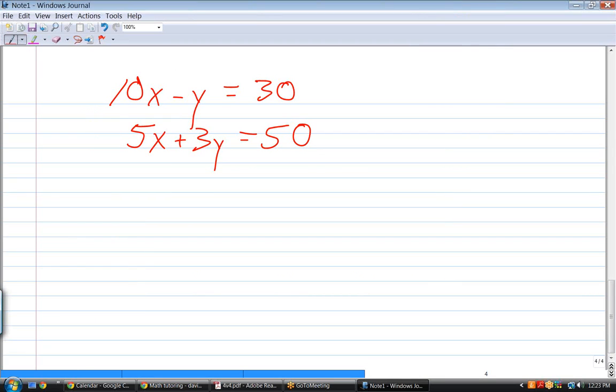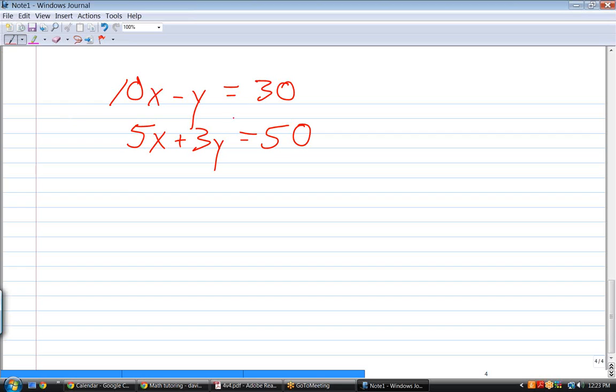By elimination. In other words, think elimination. When you see it sitting up all nice and pretty here with the x's under the x's and the y's under the y's, elimination means you need to eliminate a variable. Now, the other thing that you're always allowed to do with equations is add them or subtract them.